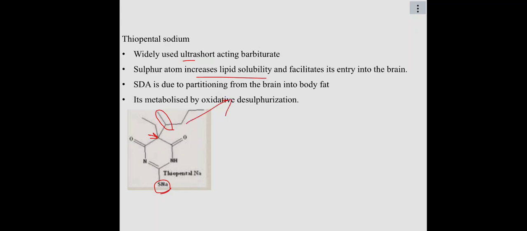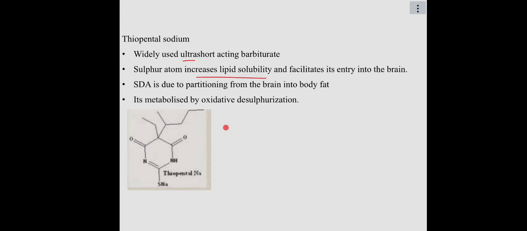So if you look at thiopental sodium, it has all the structural requirements for maximum lipid solubility, for rapid activity. You can see it has 1, 2, 3, 4, 5, 6, 7 carbon atoms. And when you have a barbiturate with 7 to 10 carbon atoms, very rapid activity.